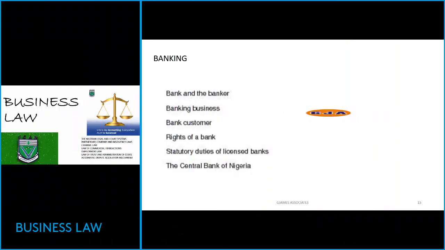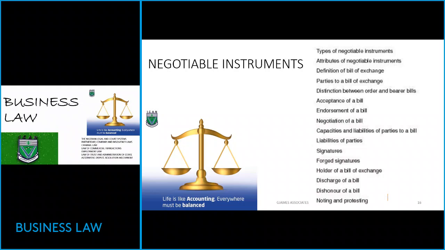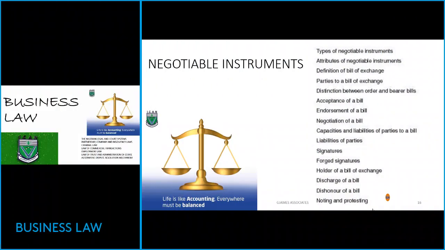Then we move on to the next topic about negotiable instruments. This is another important topic to us and we must understand it very well. So what is negotiable instruments and types of negotiable instruments?